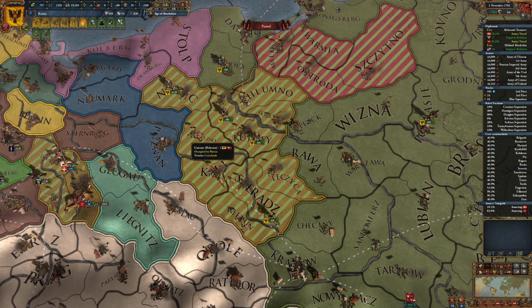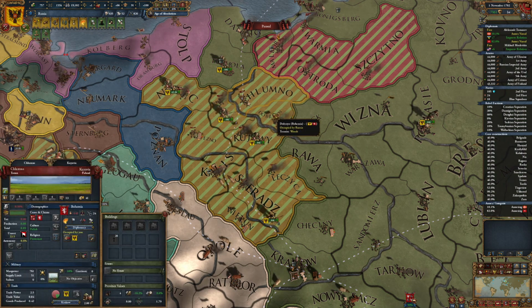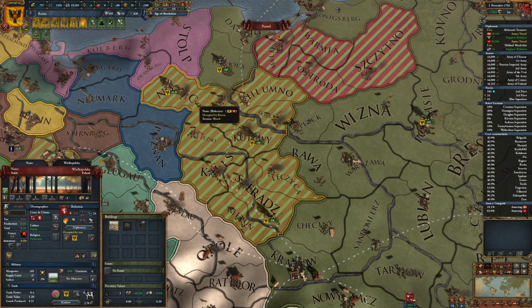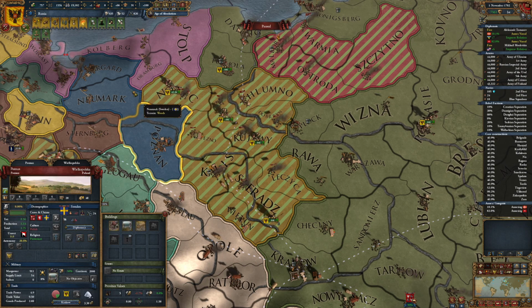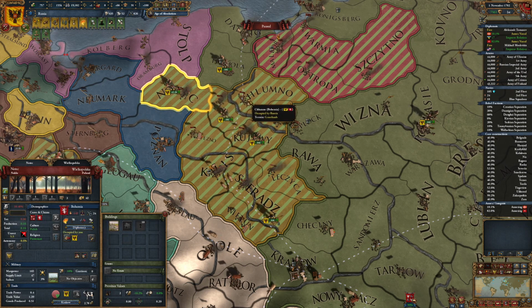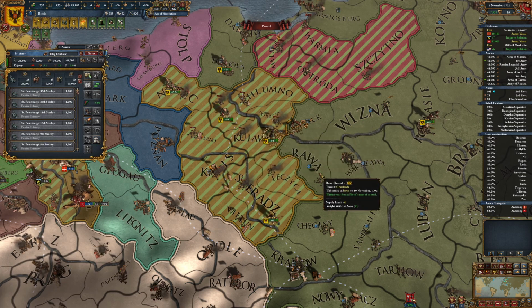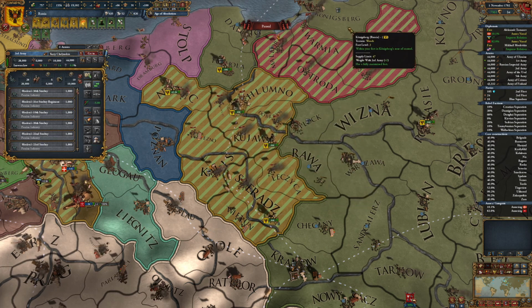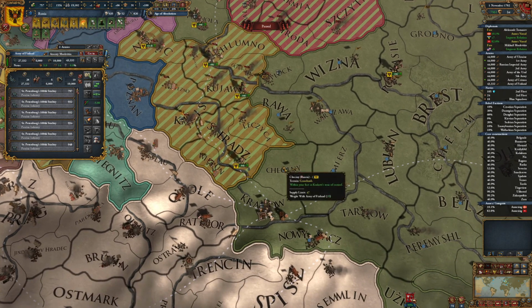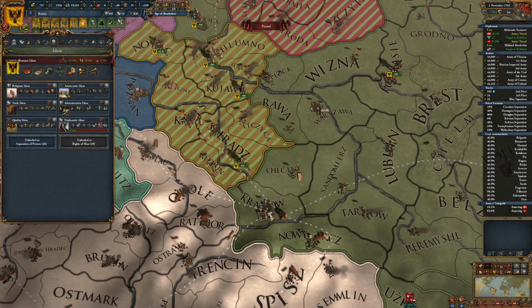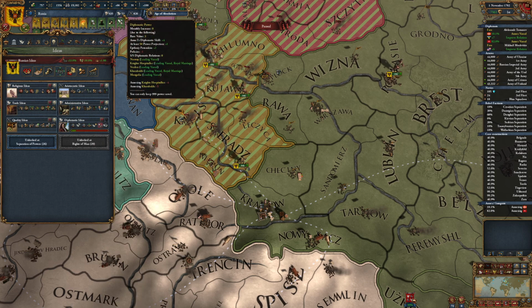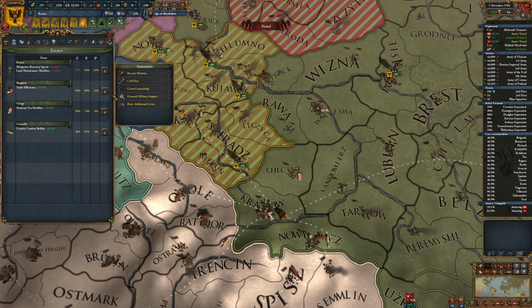What I might do is actually cede away a province or two so that he becomes possible to vassalize. We'll see. I might actually just wait. If it's possible. Nope. I'm getting 0.